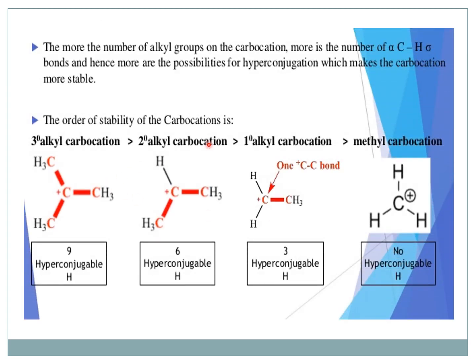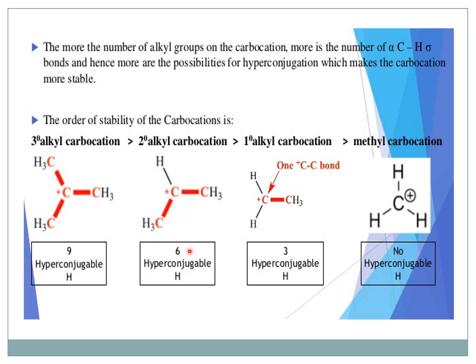Through hyperconjugation, we can explain the stability of carbocations. According to the rule, the more the hyperconjugation, the more the stability. As the number of carbon-hydrogen bonds in the tertiary carbocation is more, there are 9 hyperconjugable hydrogens, therefore it is more stable because more hyperconjugation is there.